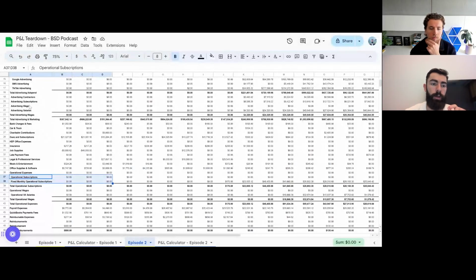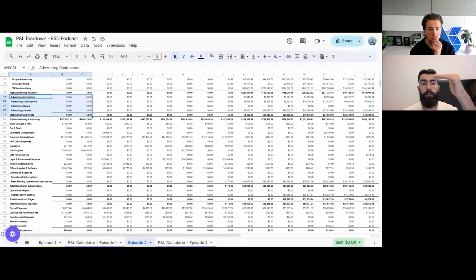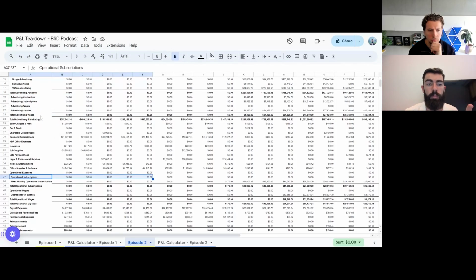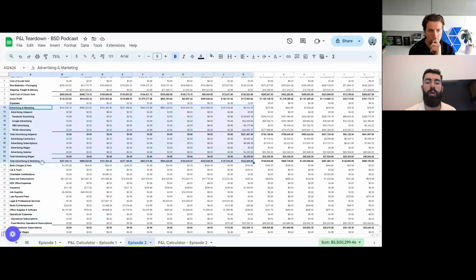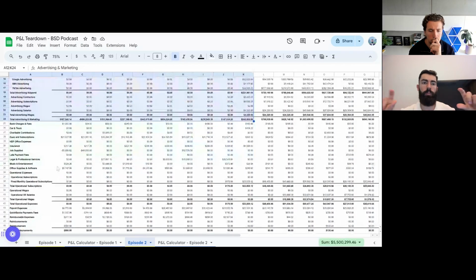I typically recommend doing overarching cloud tools and subscriptions, and then underneath it, you could split it into advertising or operational subscriptions. So that's where the structure becomes different and communicates different information, because here they're taking an advertising marketing approach first. I'm taking a more OPEX buckets approach, right?